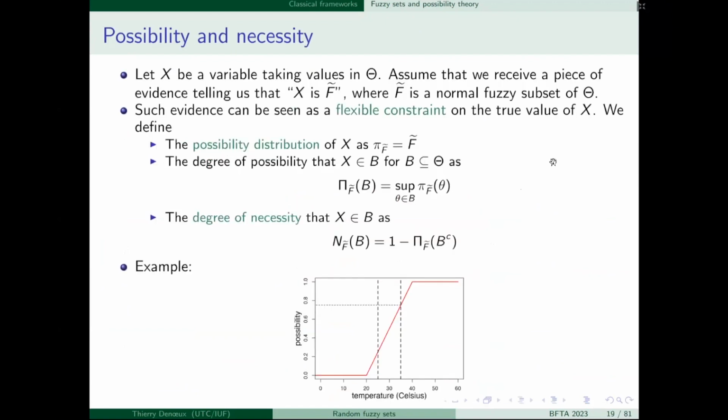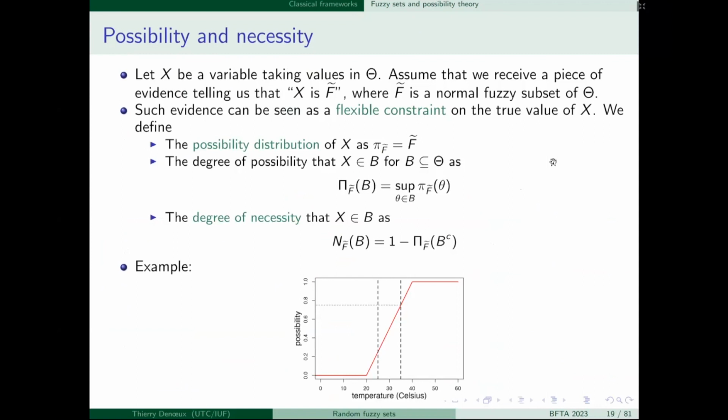Okay, now the notion of possibility theory. What is the relation of possibility theory with this fuzzy set? So here we consider X a variable taking values in theta as before, and assume we receive a piece of evidence telling us that X is F tilde. So this means that the value of X is constrained by the fuzzy set F tilde.